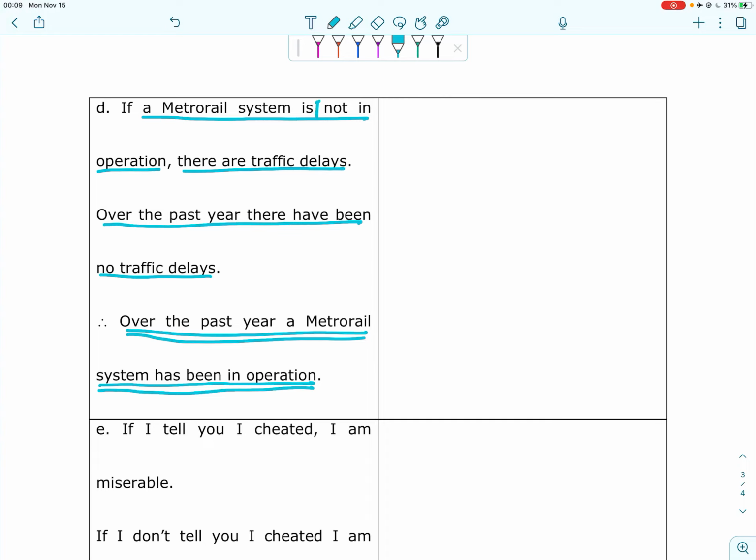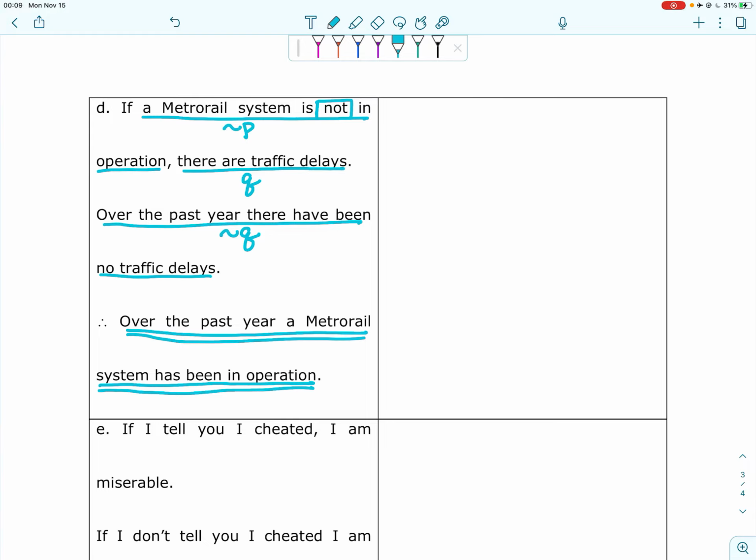So if a metro rail system is not in operation, so that's going to be not P, there are traffic delays, Q. Over the past year, there have been no traffic delays. There are traffic delays, no traffic delays: not Q. Over the past year, a metro rail system has been in operation.